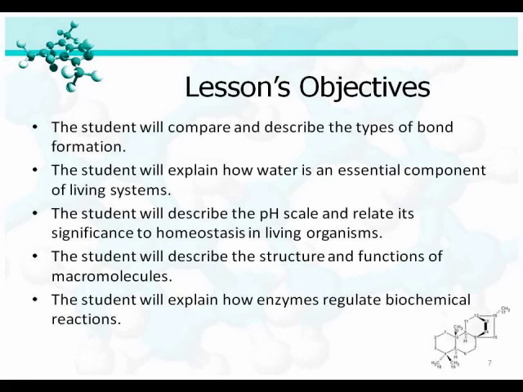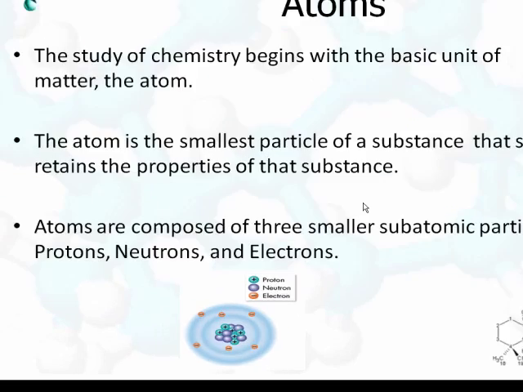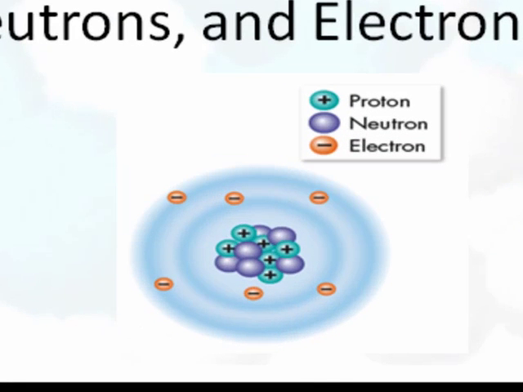Let's look at the atom. The study of chemistry begins with the basic unit of matter, the atom. The atom is the smallest particle of a substance that still retains the properties of that substance. Atoms are composed of three smaller subatomic particles: protons, neutrons, and electrons.